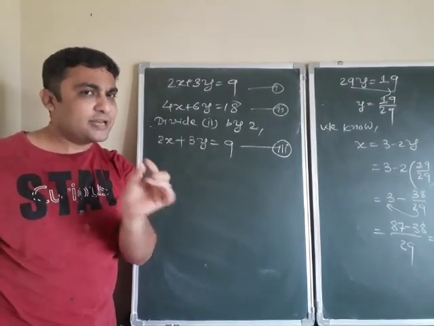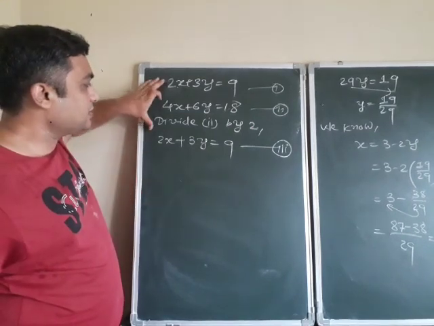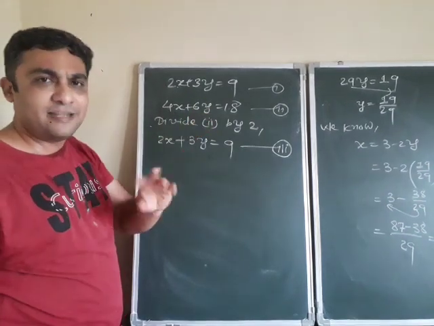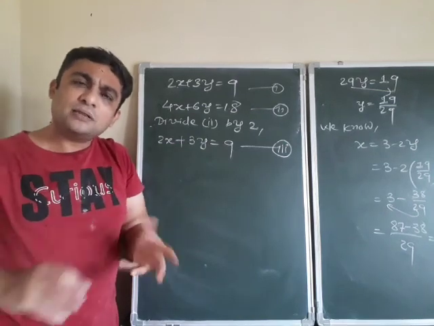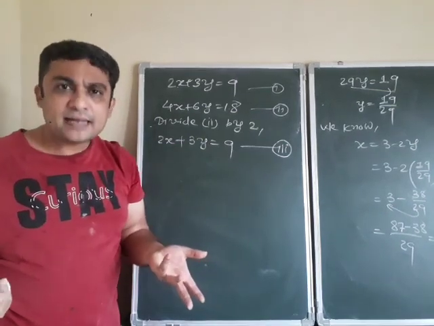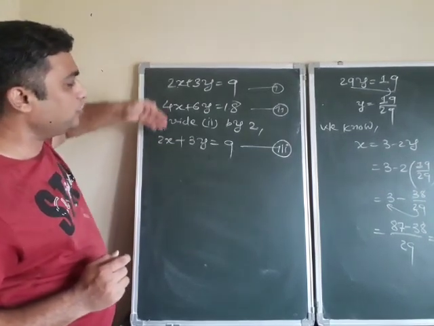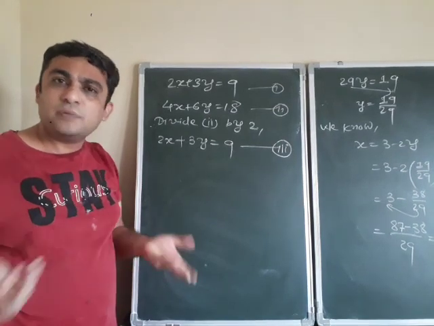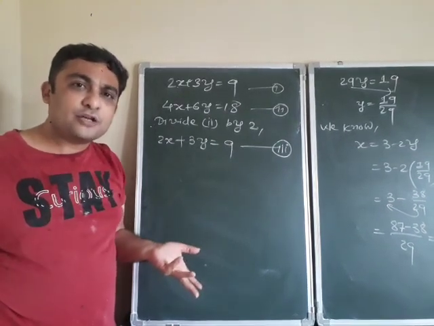All three ratios are equal. The lines are coincident. Practically, if any two lines are identical, then if you divide or multiply one of the lines, both lines become the same. Because identical means both are the same. Is that clear? Followed or not? So both are identical. It means how many solutions are possible? Infinite solutions are possible, and we cannot proceed to find those infinite solutions.